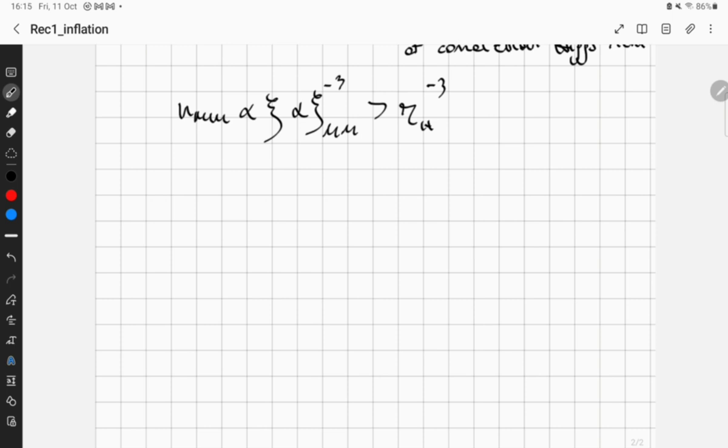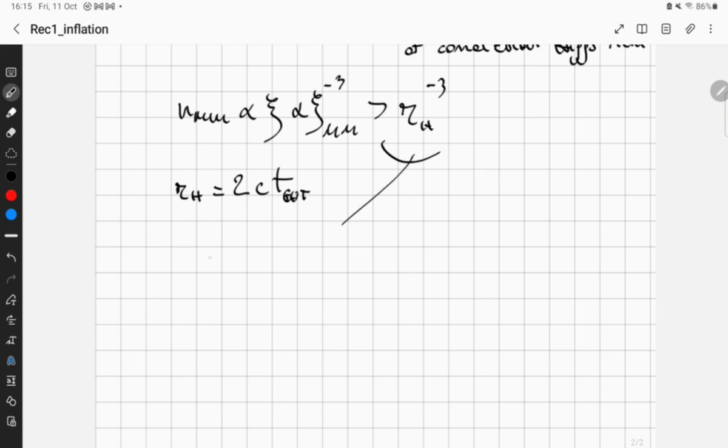So we can write the horizon radius as 2 times the speed of light times the GUT interaction time.